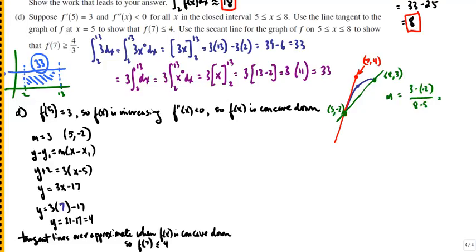So we calculate the slope of that secant line to be 3 minus negative 2 over 8 minus 5, or 5/3. And again, we can use the point (5, negative 2). You could have used (8, 3) as well.